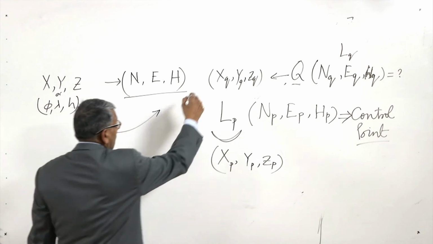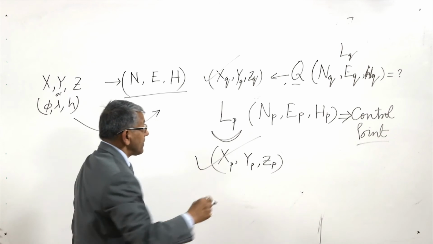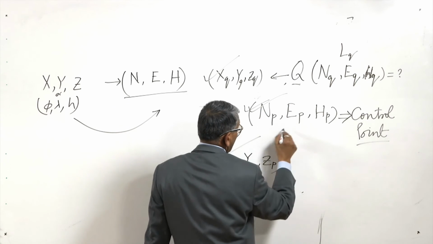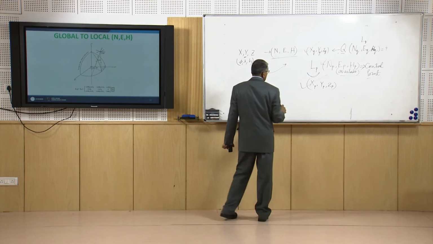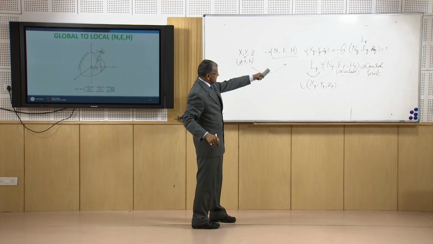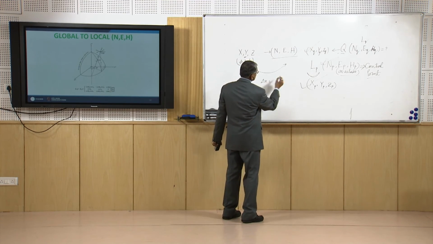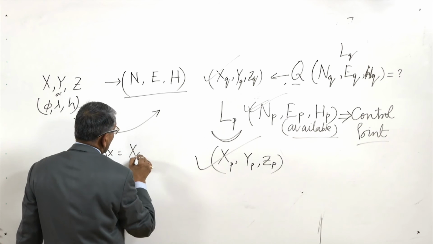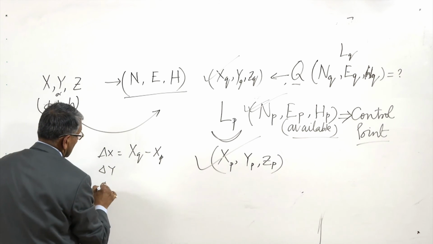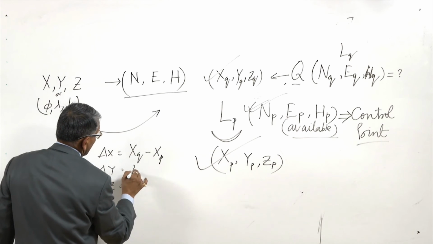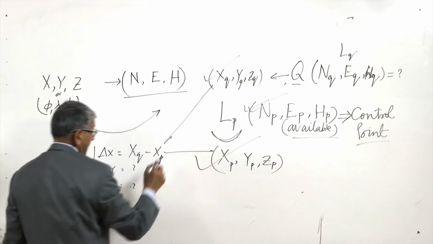So this is known from GPS observation, this is known from GPS observation, and this should be available before. Now using this we can determine del x, which is the change in coordinate, meaning XQ minus XP, and like that del y, del z. These are the three things we can determine by using this and this.